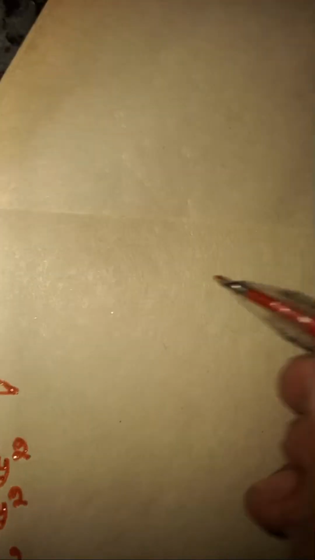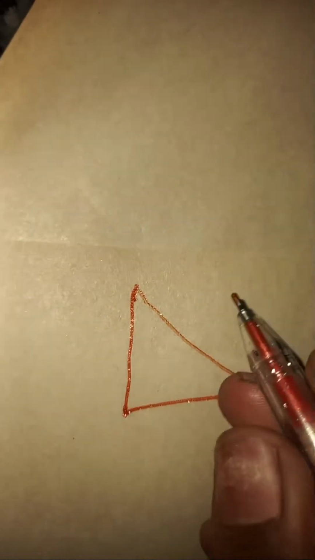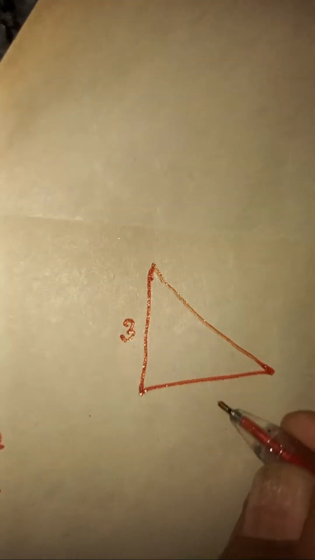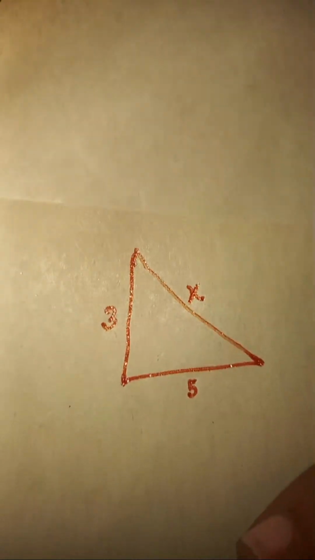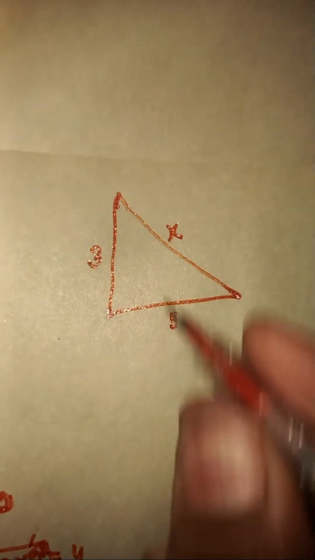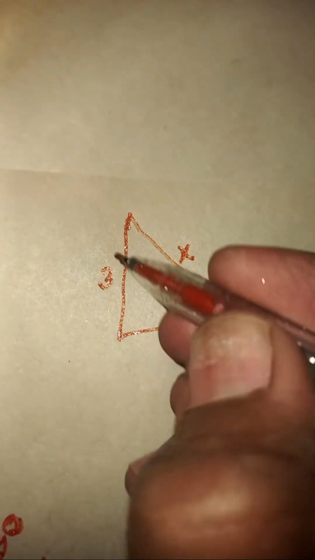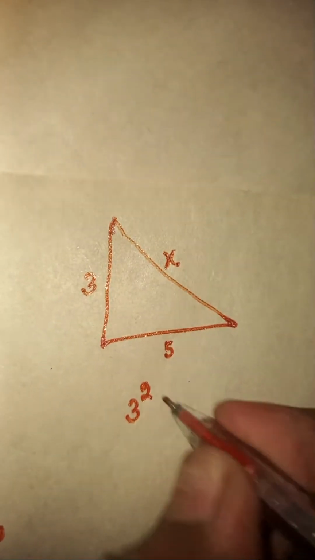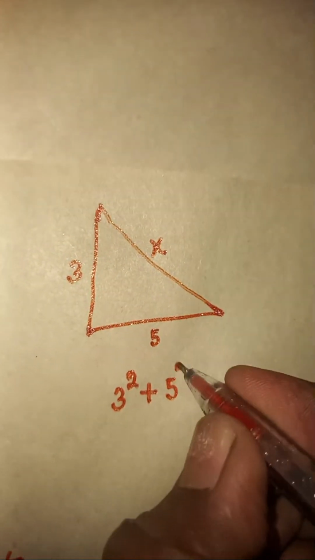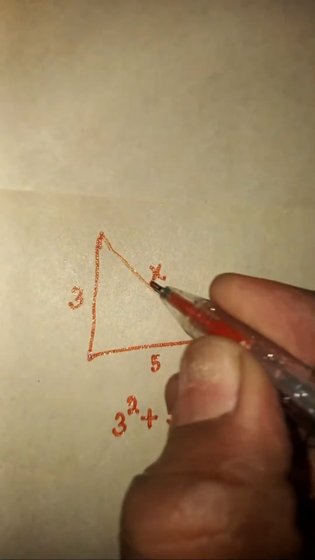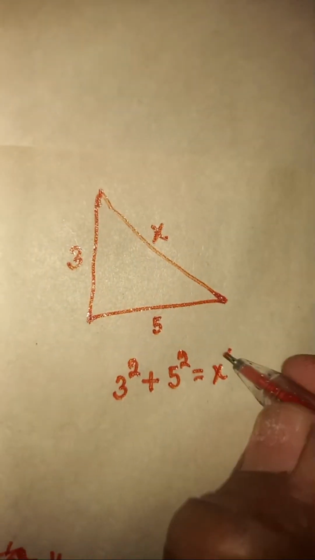Let's take one more triangle, and in this triangle they are giving this side as 3 units and this side as 5 units. Find out what the hypotenuse is, which is x. Here also in the same way, this side length square, that is 3 square, plus this side length square, which is 5 square, equals hypotenuse square, which is x square.